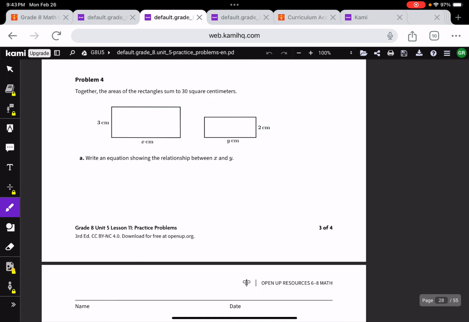So if you remember, area is length times width. So 3 times X will give you the area of that first one, plus the area of the second one, 2 times Y, or 2Y, or Y times 2, doesn't matter. 3 times X, which is 3X. So 3X plus 2Y will equal 30. And I think that's all I need to do for that one.